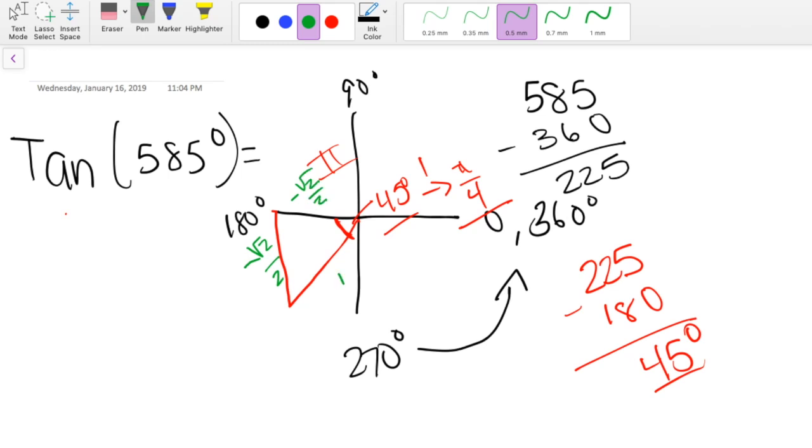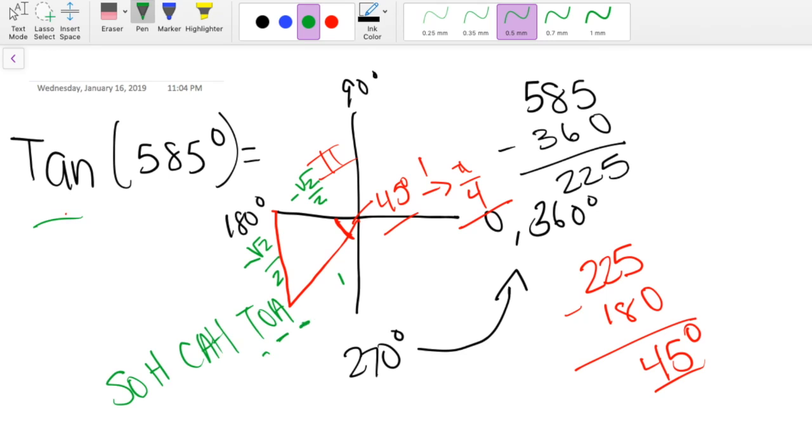Okay, so now how are we going to find the tangent of this triangle over here? As you may or may not remember, SOHCAHTOA. Tangent, opposite over adjacent.